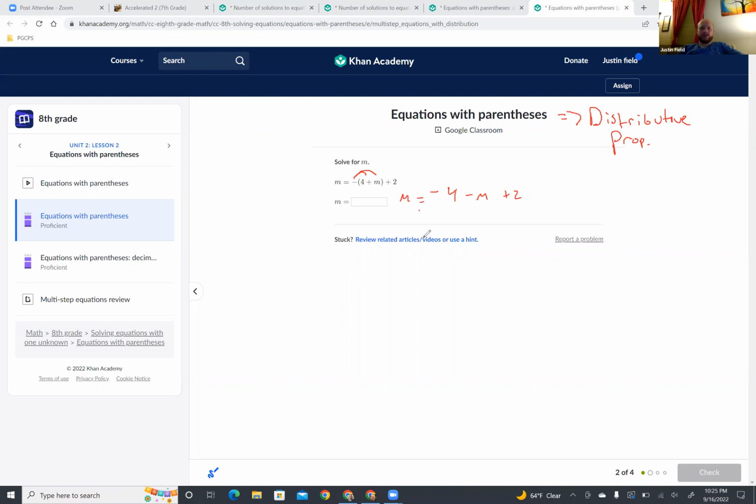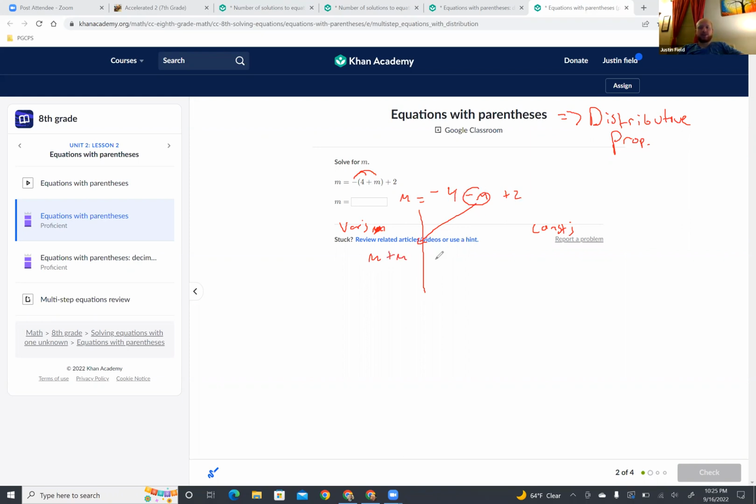All right, so now we draw a line under the equal sign. You remember, put the variables on the left, constants on the right. So we have the m here, so I'll write that there. Let me write this there. And then this m needs to go over to that side. So it will become a positive m.